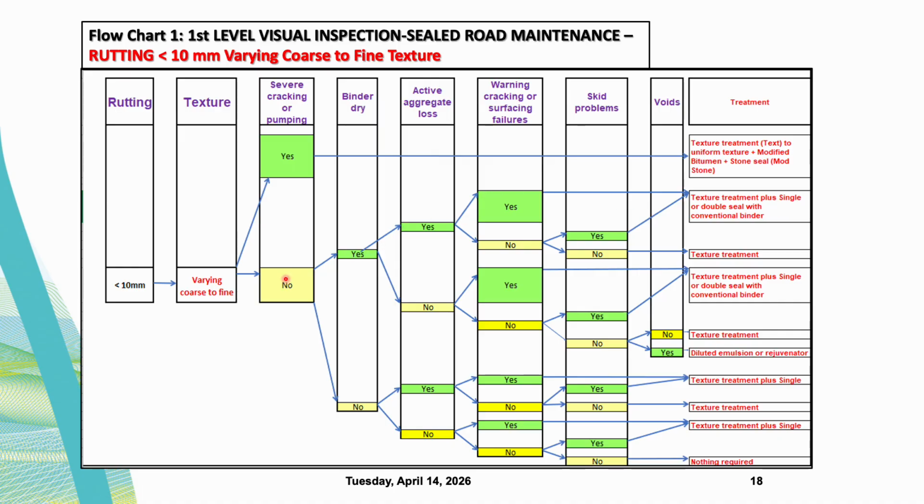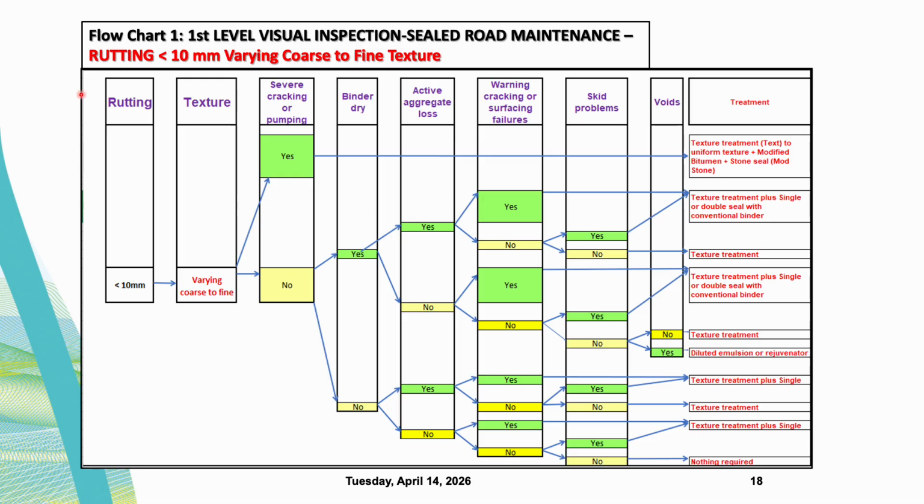Right. So this is the way we propose that you can use to increase your knowledge. If the severe cracking or pumping is no and the binder is not dry, it's still black and sticky, then the next question you ask is, is there active aggregate loss or not, yes or no, and depending on the condition, that will take you through to a solution.